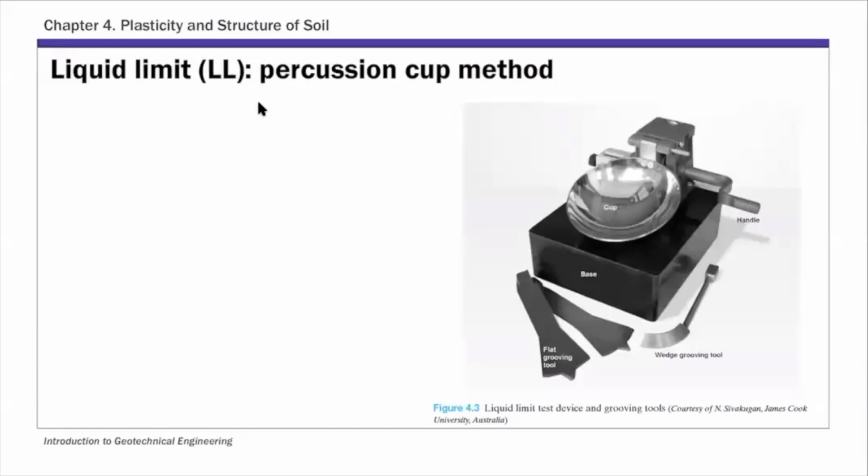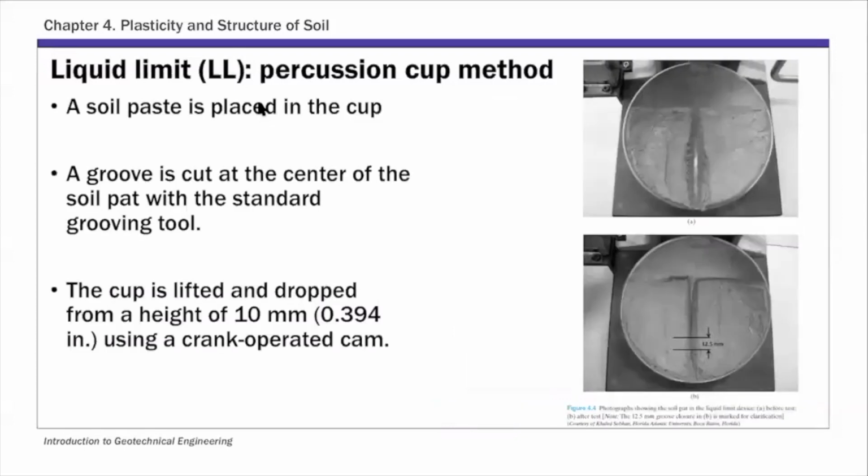So first for the liquid limit test, the method we use is called the percussion cup method, or sometimes this is called the Casagrande cup method because it was proposed by Casagrande. On the right-hand side, this picture shows the device you use for the liquid limit test. In terms of how this test is conducted, if you look at the top figure, this is your clay with a certain moisture content.